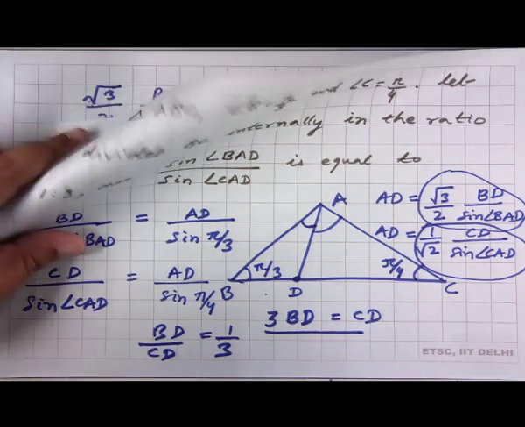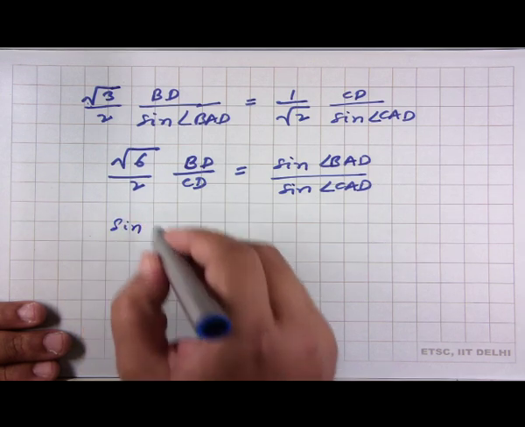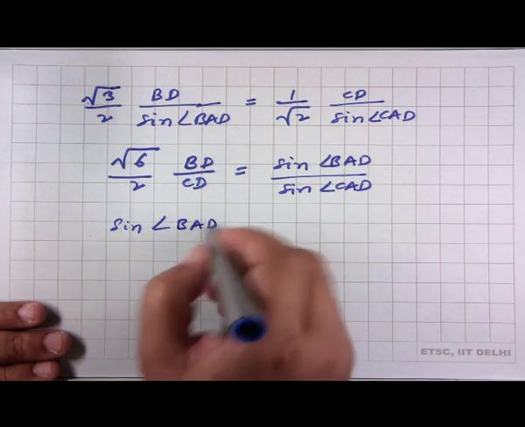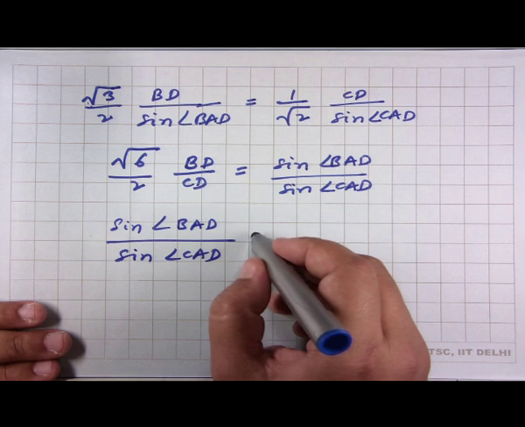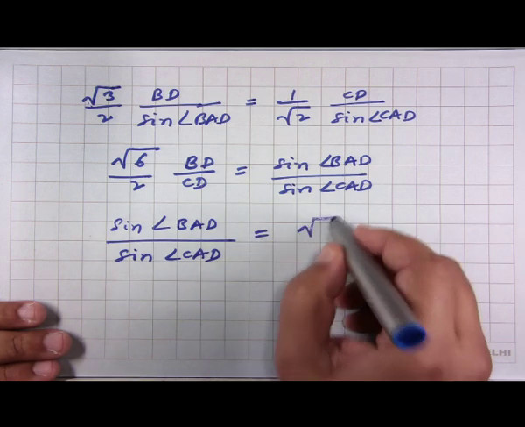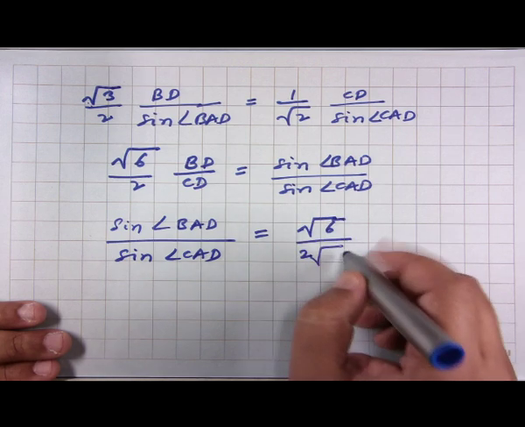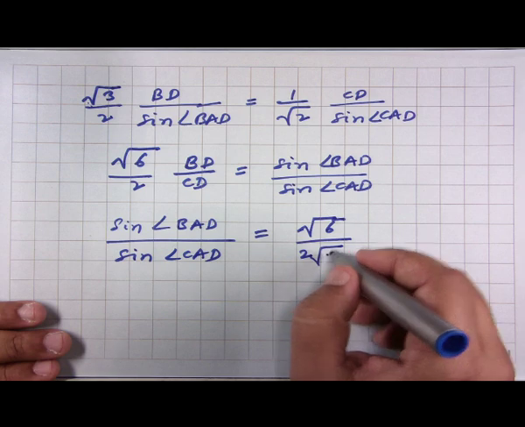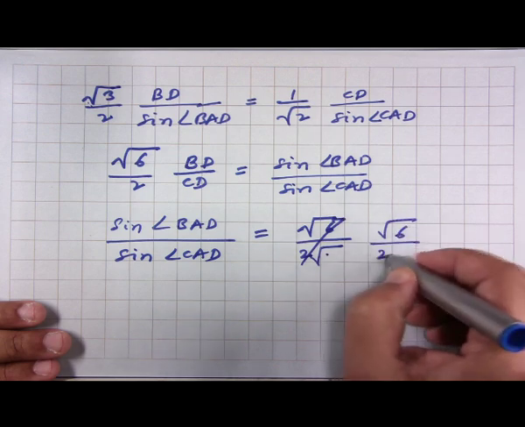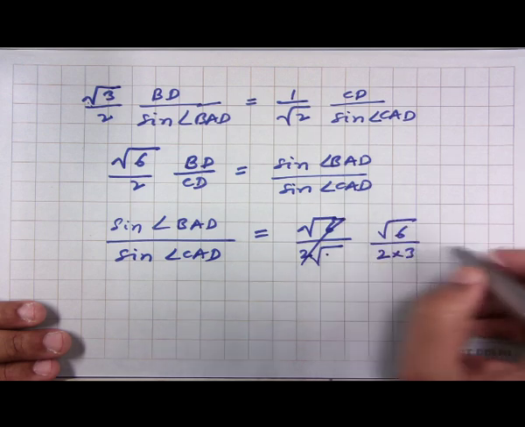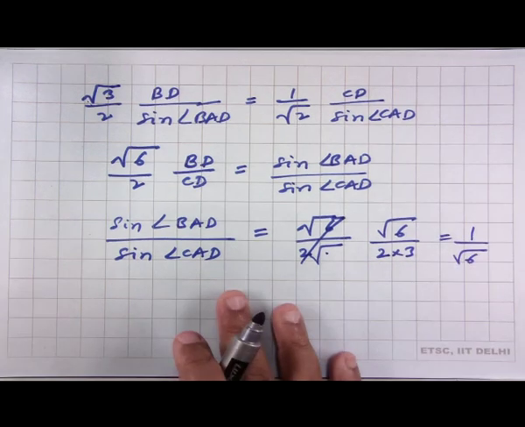So, using this information here, what we get is that sine of angle BAD over sine of angle CAD is equal to square root of 6 divided by 2 times 3, which is equal to 1 by square root of 6. So, this is the final answer.